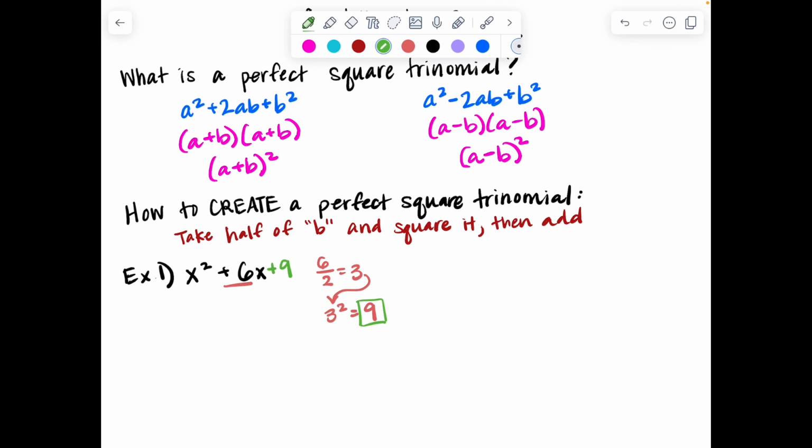So now I have x squared plus 6x plus 9, which will factor very nicely into, take the square root of each of these. It's going to be (x plus 3) times (x plus 3), which is (x plus 3) squared.